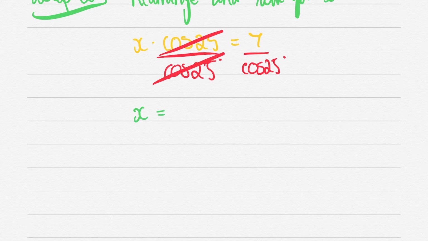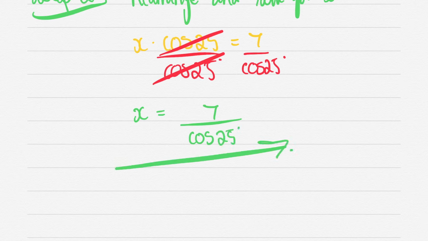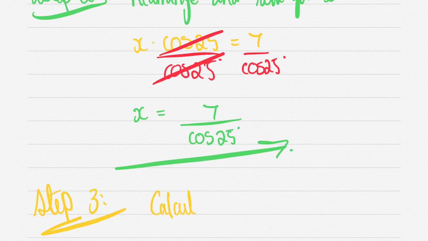You can't necessarily do this off by heart or in your head; you actually need to plug it into the calculator. We'll do that shortly. I'm just letting you see exactly what happens here. So what we've done is we multiplied by x on both sides. We then divided by cos 25, cancelled the terms, and we're left with 7 over cos 25.